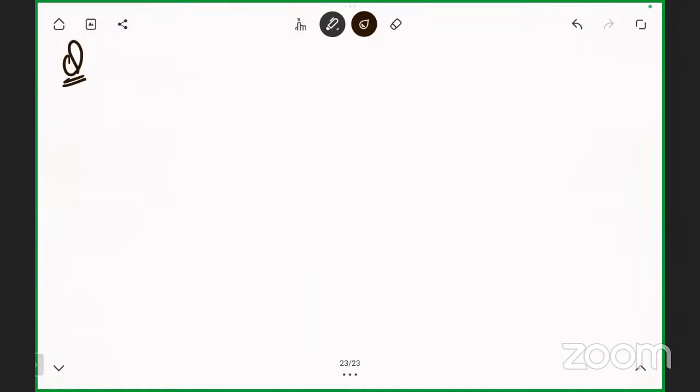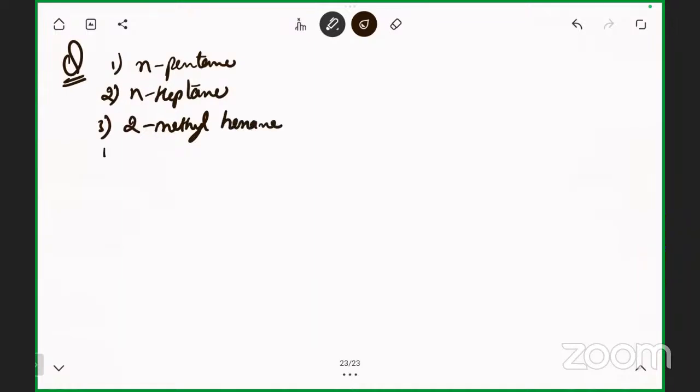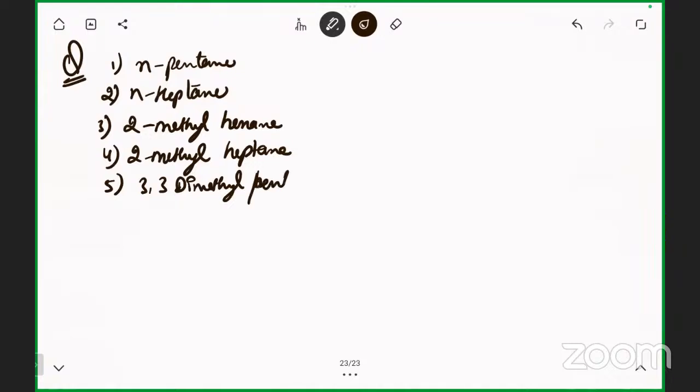We have first, n-pentane; second, n-heptane; third, 2-methyl hexane; fourth, 2-methyl heptane; then fifth, 3,3-dimethyl pentane. Arrange them in increasing order of boiling point.